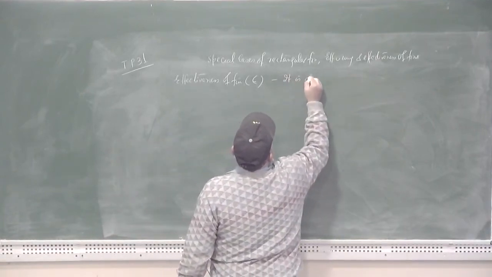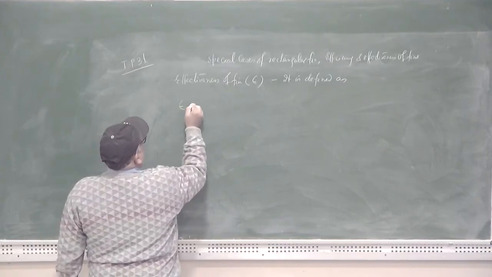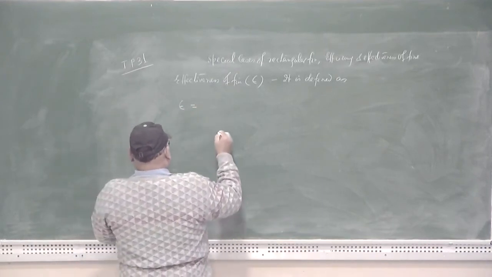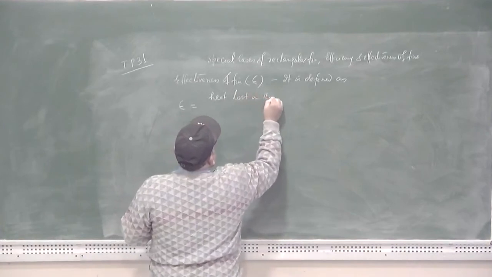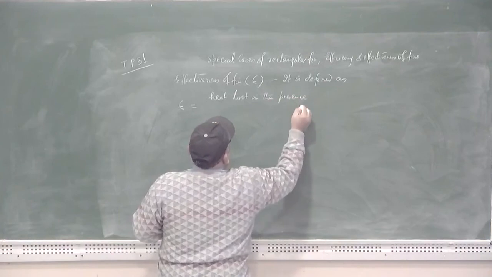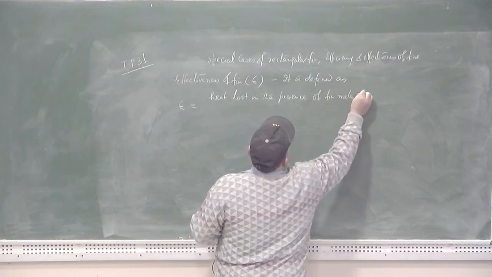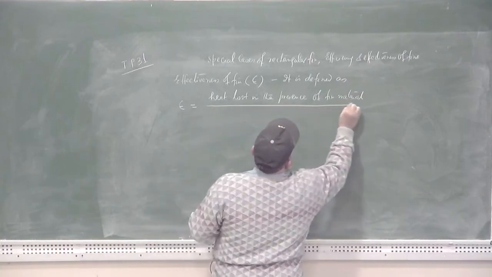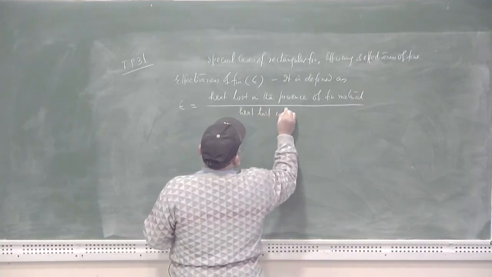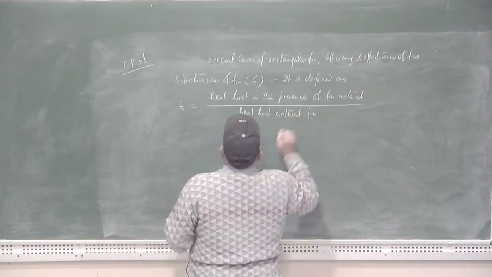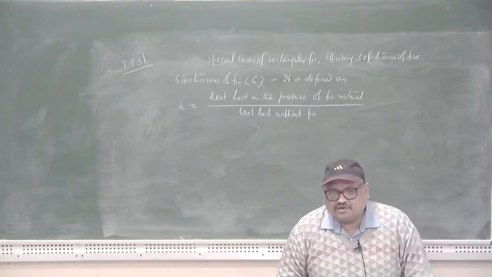It is defined as epsilon, that is the fin effectiveness, equal to heat lost in the presence of the fin material divided by heat lost without fin.